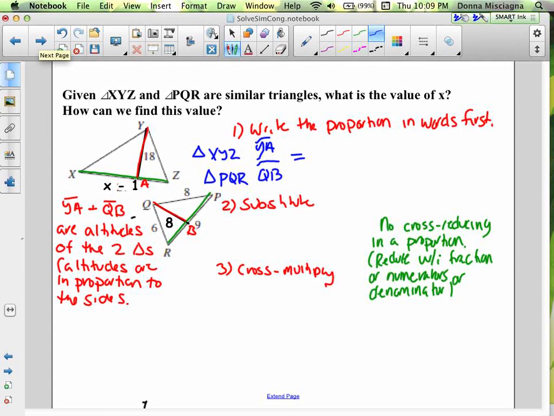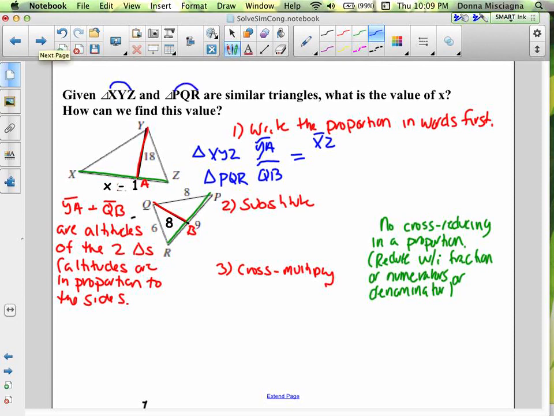We've got all the sides for triangle PQR, but we don't have all the sides for triangle XYZ. So XZ, what side does that correspond with? If you're not sure, it tells you XYZ and PQR are similar triangles. So XZ has got to correspond with PR.